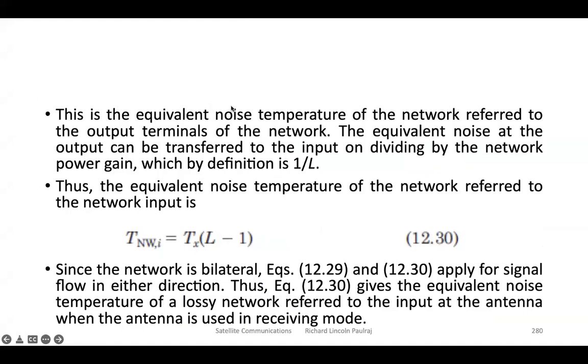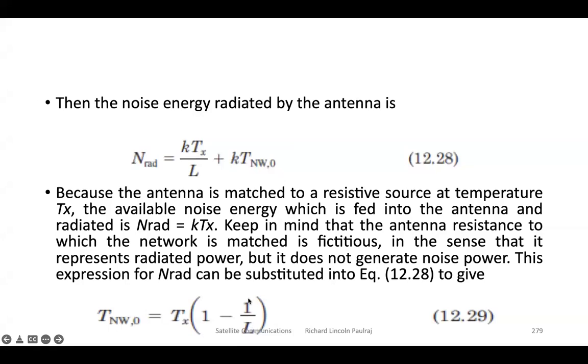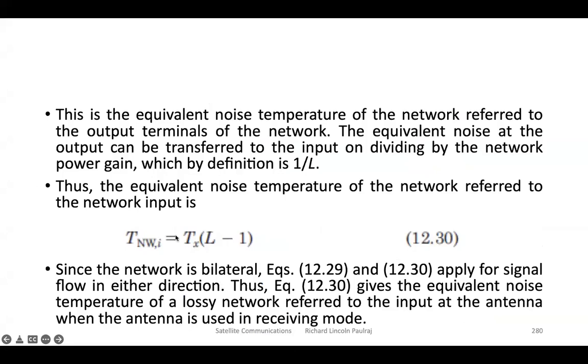So the next thing that we'll be seeing here is how can we make this formula, 1 minus 1 by L, more simpler? So I can just take it as L minus 1.